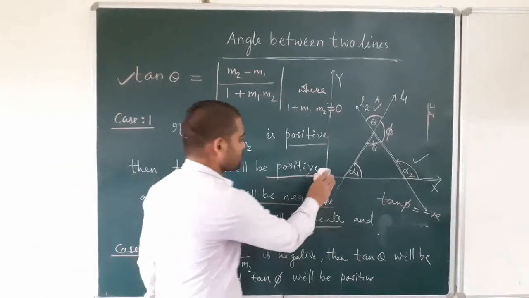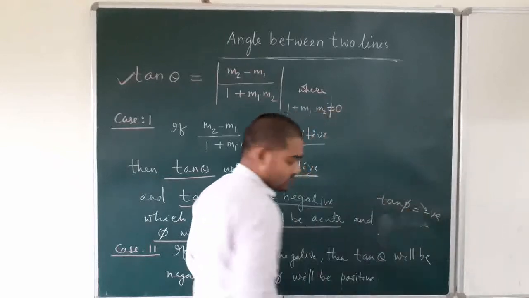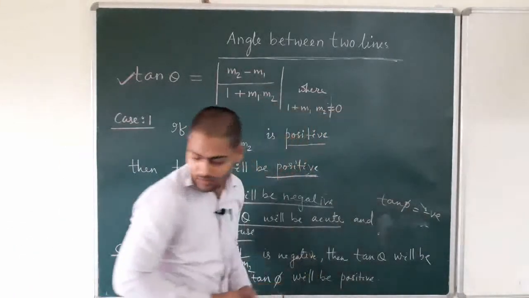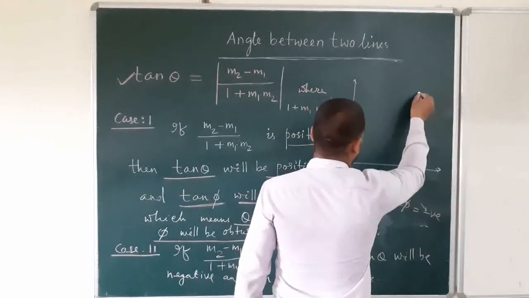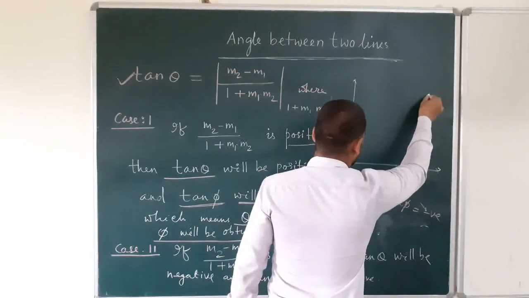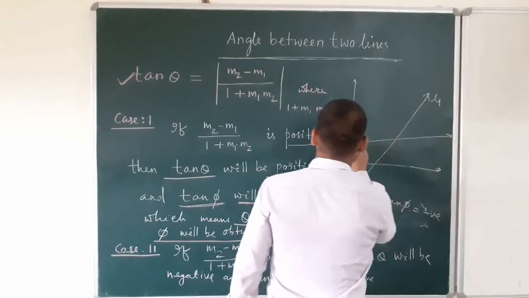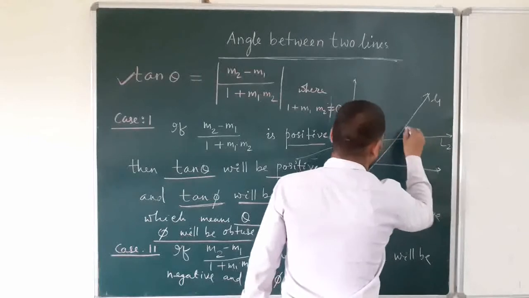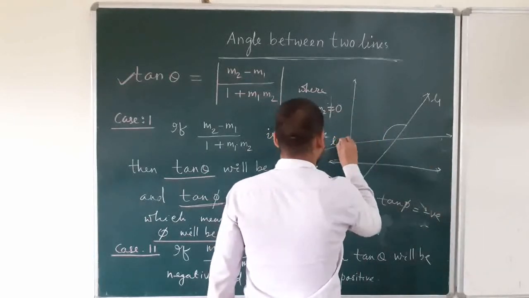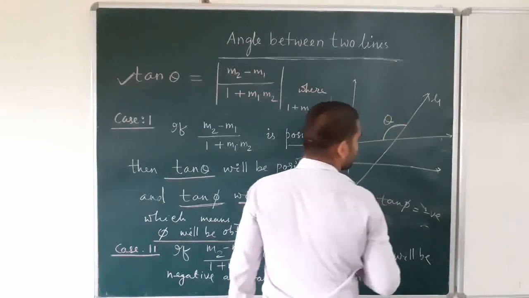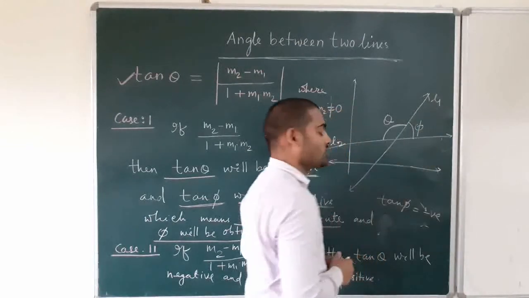Now, second case. This is L1, this is L2, and this theta angle now became obtuse, and this phi is acute.